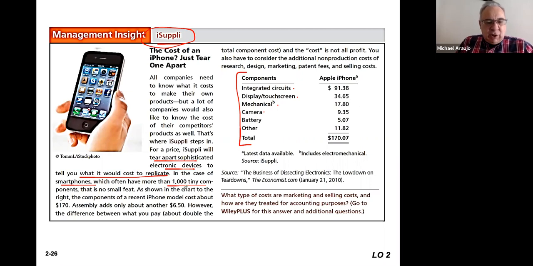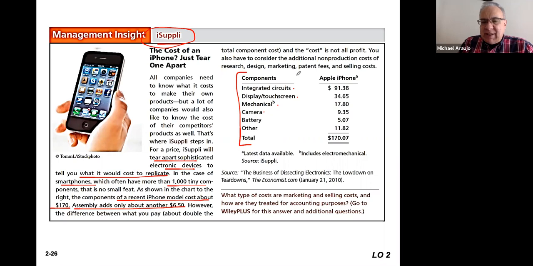The chart shows that a recent iPhone model costs about $170 in parts. Assembly of those parts is another $6.50.